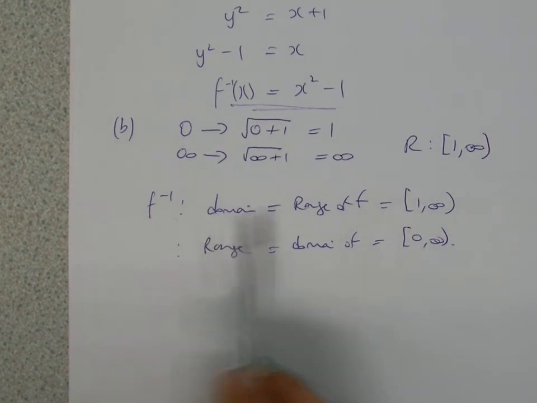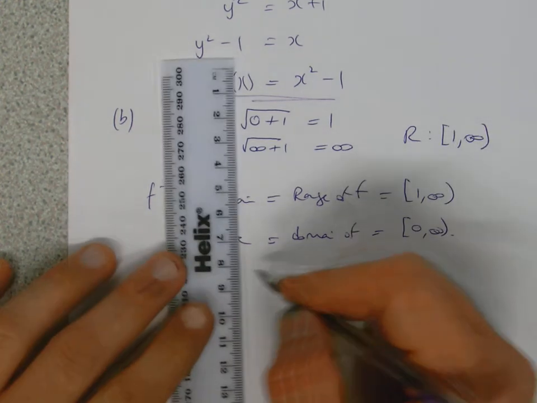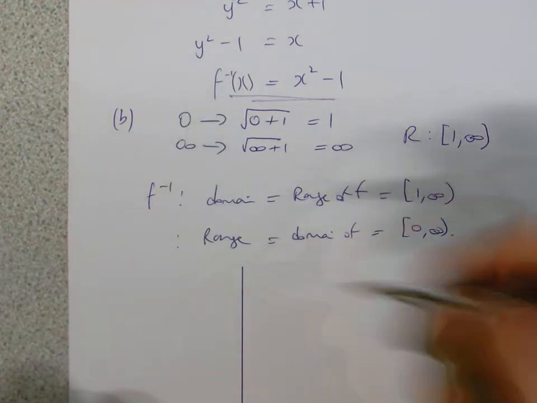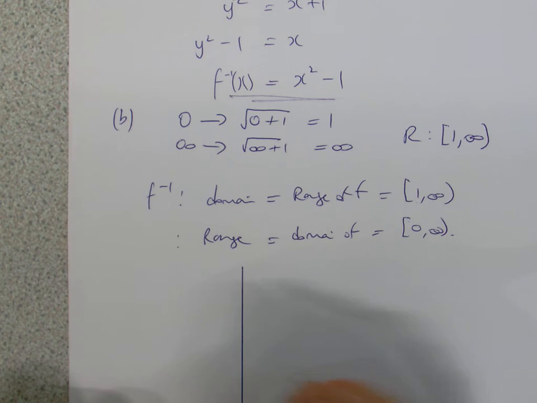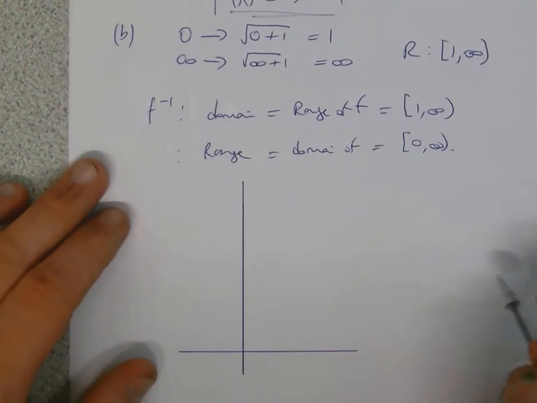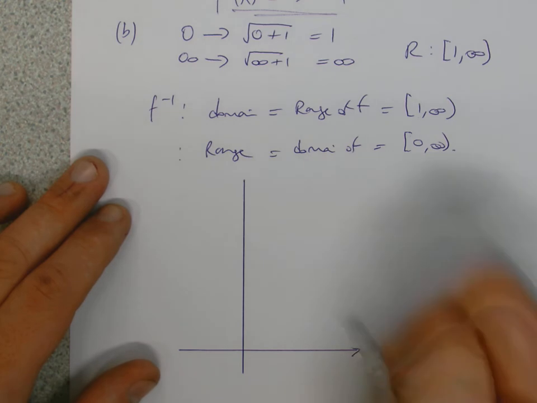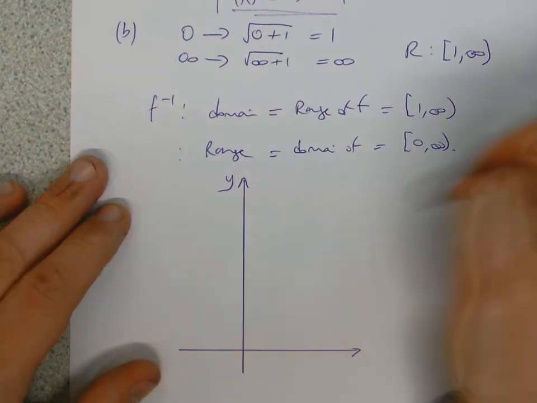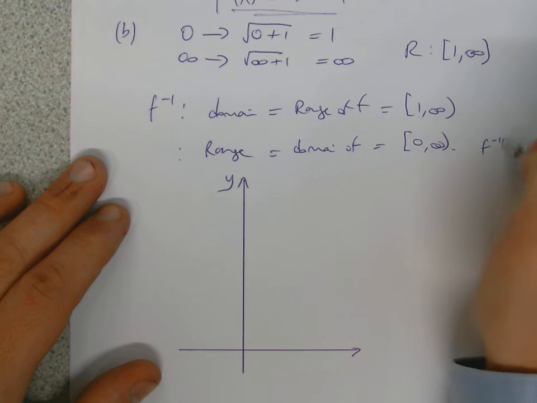The domain is 1 to infinity. So when we're drawing f to the minus 1 of x, we always have to have that in our minds.